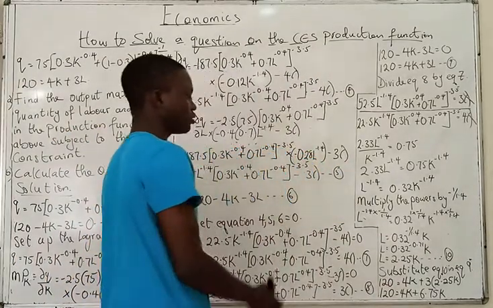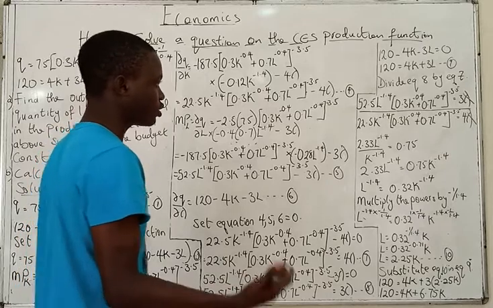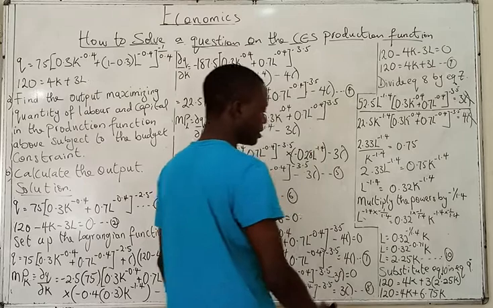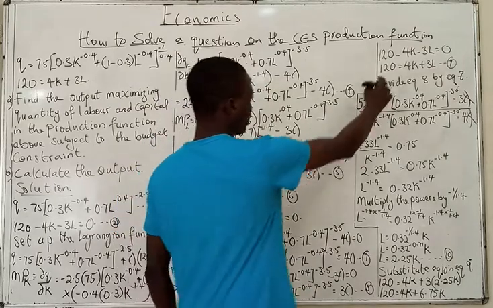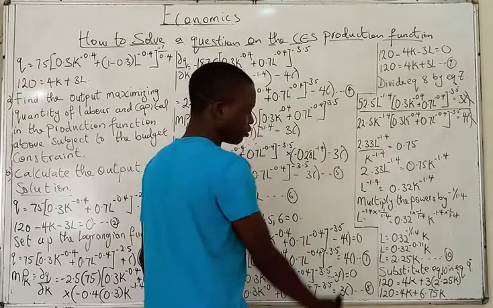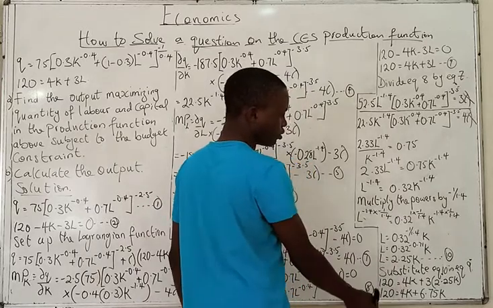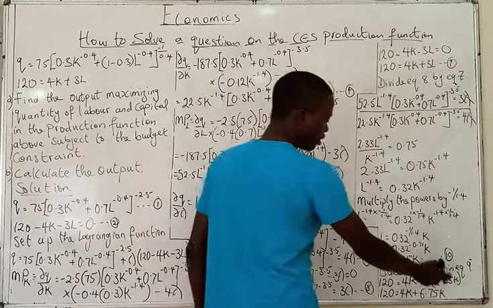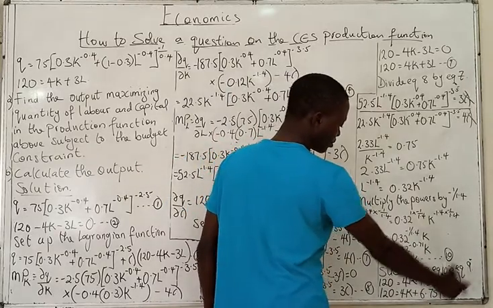So what we have to do here is substitute equation 10 in equation 9. So where is equation 9? This is equation 9. Now that we can express L in terms of K, let's substitute that into equation 9. And that is 120 equals 4K standing alone plus 3 into bracket, L is now 2.25K. So we open the bracket, 2.25K, then close the bracket.